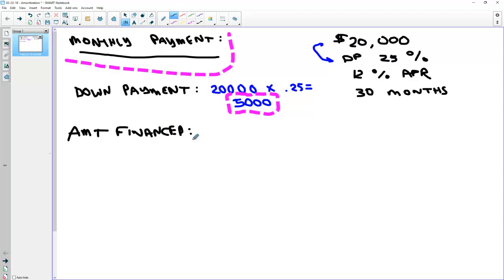Okay, all right. So the amount financed is going to be the original cost, which is 20,000. So if you write this underneath, this will be the cost, and then we're going to subtract the down payment. Okay, that's why I wanted to change it to red, because usually red, when I write it in class, means subtraction, right? So when you subtract these two, it's going to be $15,000.